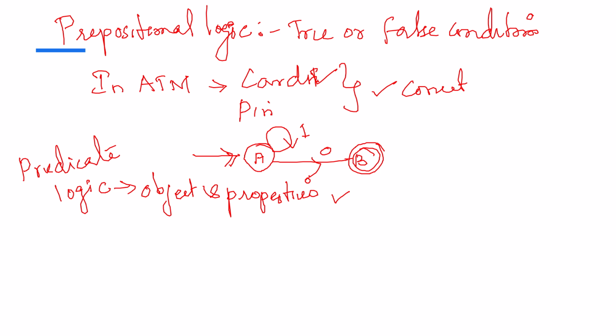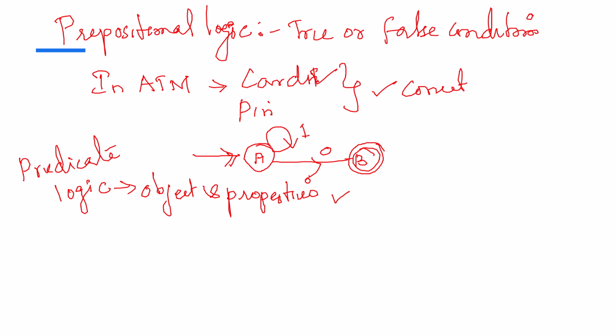So here the card is the object and the property is that the PIN number should be correct. So here we are dealing with objects and properties.